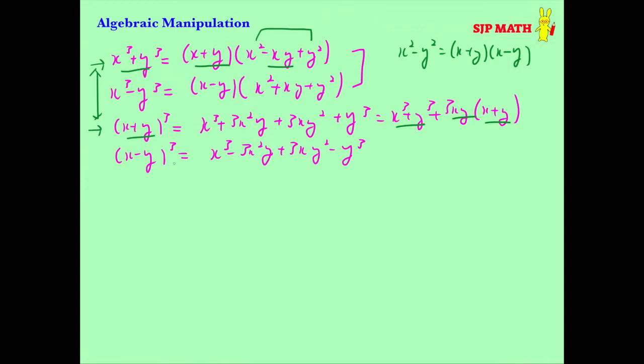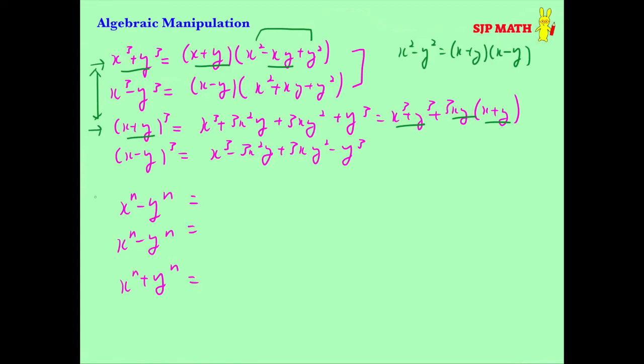So those are the cubic expressions, and then we're going to look at the higher degree ones. So we're going to generalize it. We're going to say x to the n minus y to the n, and then x to the n plus y to the n.